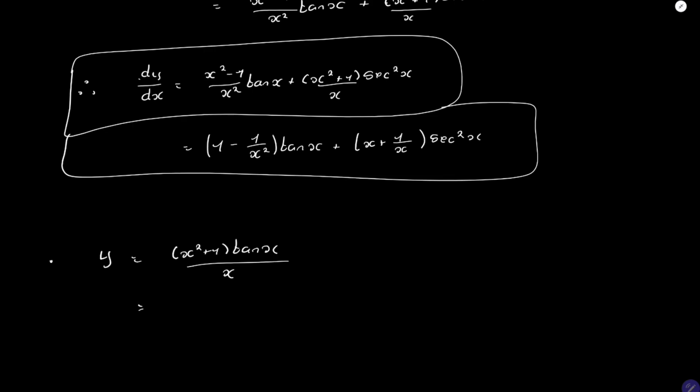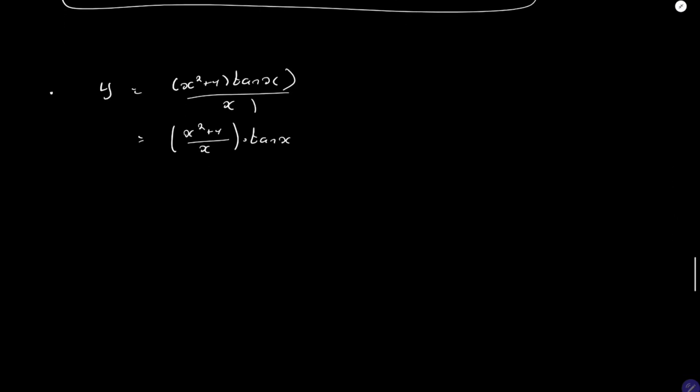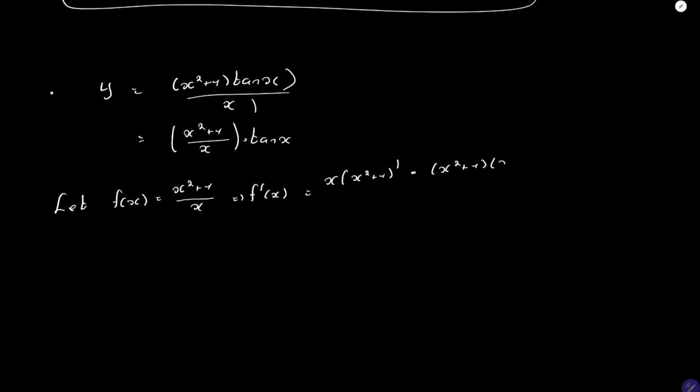So first of all, this can still be seen as a quotient, with a numerator and a denominator, and it can still be seen as a product with our first term and our second term. Let f of x be equal to our first term, (x squared plus 1) on x, which implies that f prime of x is bottom times derivative of top, minus top times derivative of bottom, all on bottom squared.